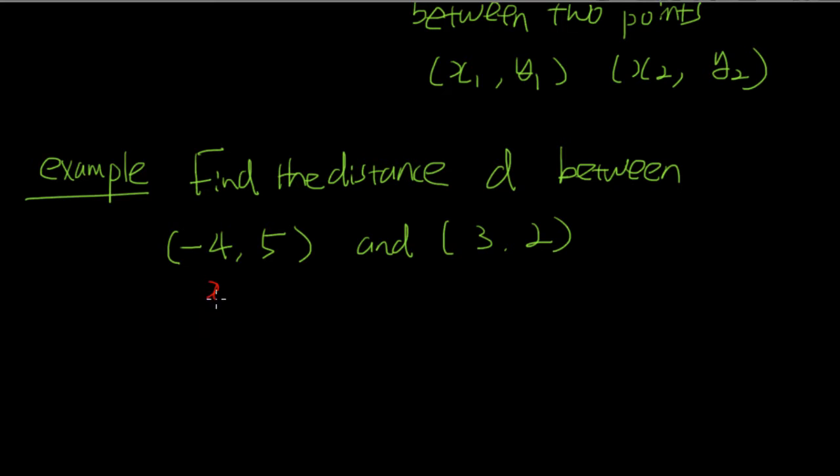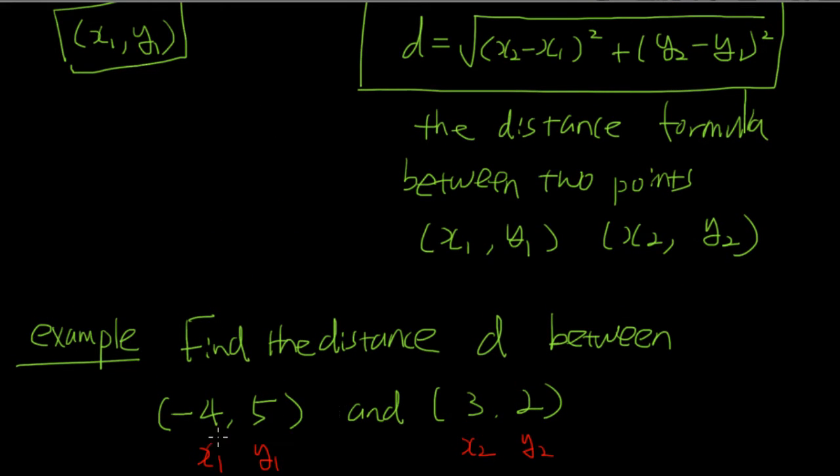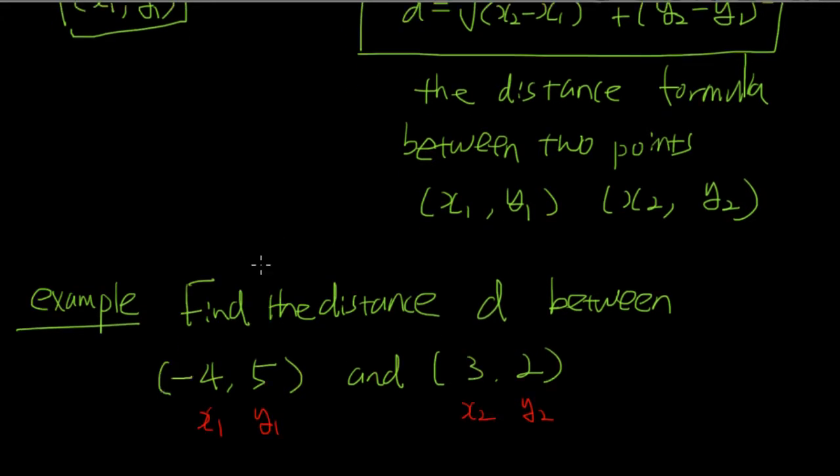So I'm going to write, this is my x1, this is my y1, this is my x2, this is my y2, just to avoid any confusion. And all we need to do is put those numbers in that formula. That's it, right?